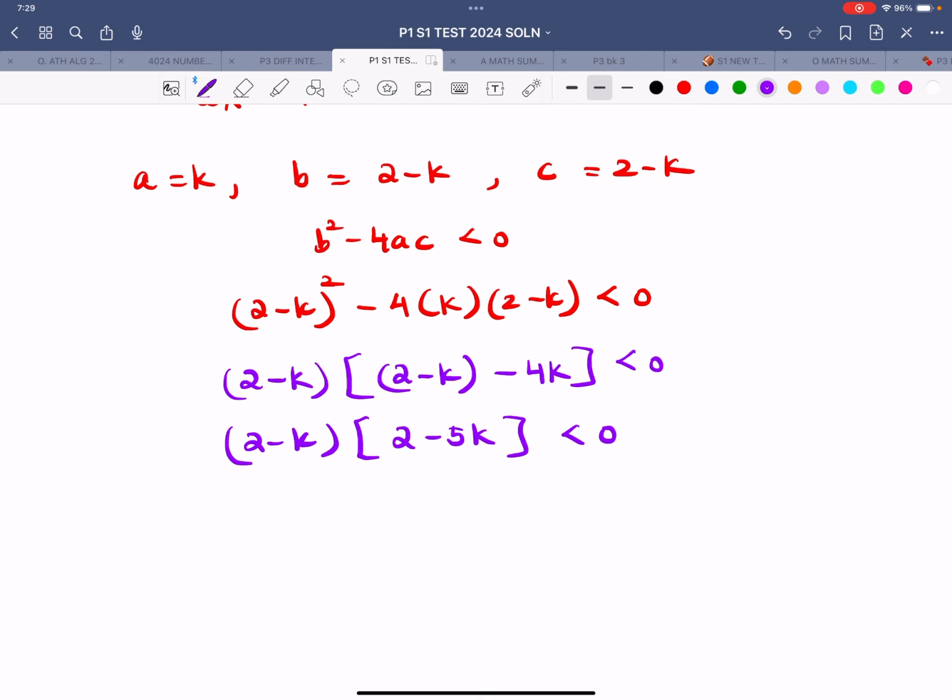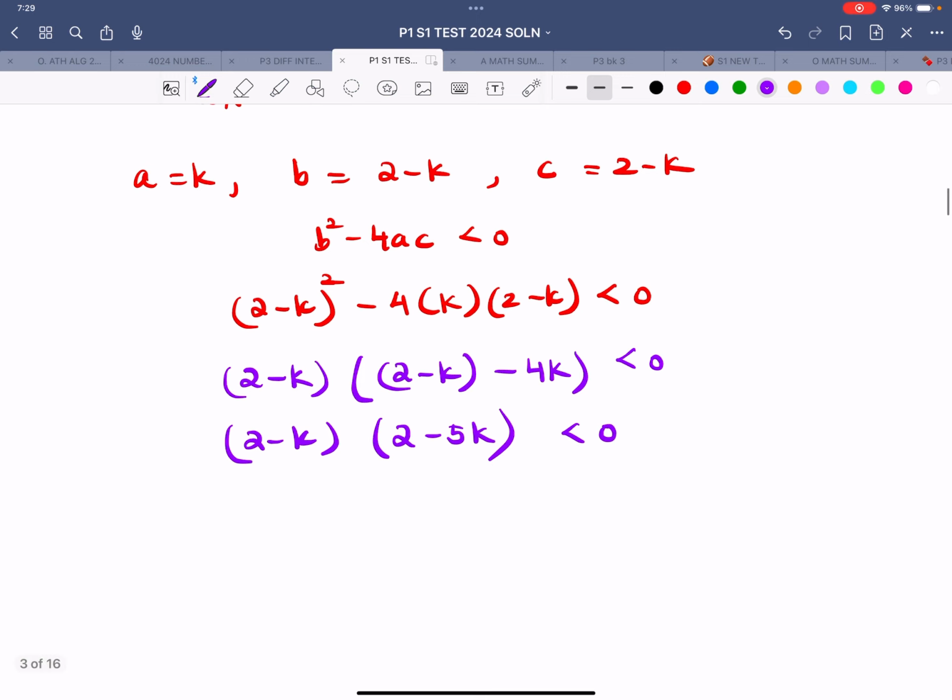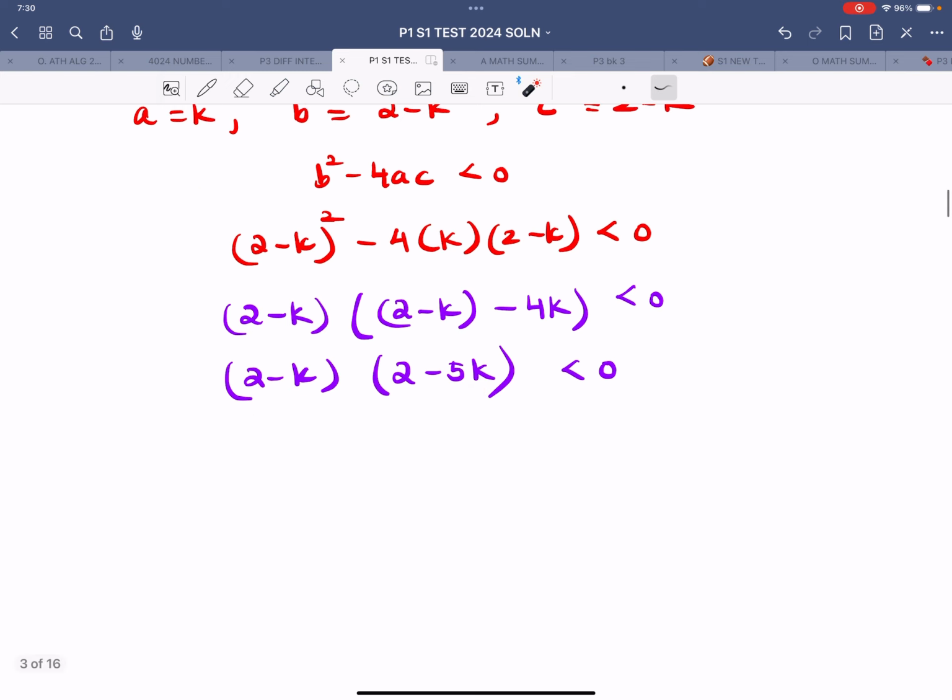Let me be very practical about the kind of brackets I'm using. I should be using a round bracket throughout. So now this is already factorized. Otherwise, I should have expanded this and then done the middle term factorization. So we have (2 minus k)(2 minus 5k) is less than 0.